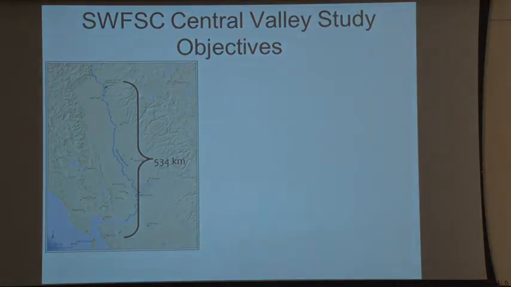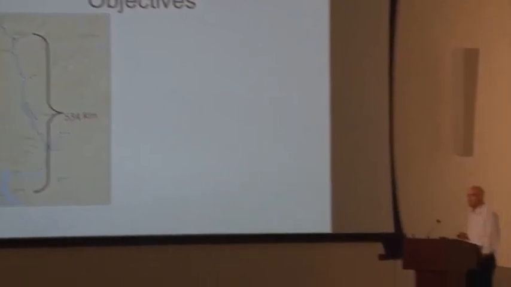So I want to cover essentially three different studies in the brief amount of time I have here today. One is a survival of Chinook salmon smolts that are released in the upper Sacramento River, and their survival all the way through to the coastal ocean outside of the Golden Gate.